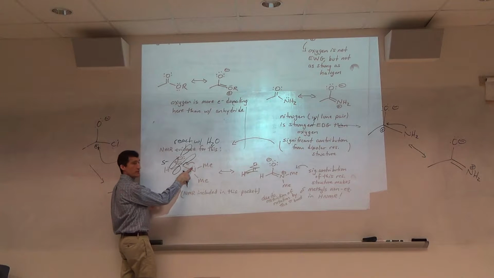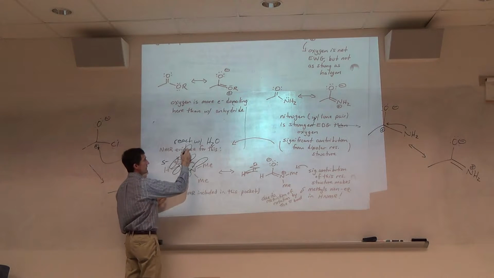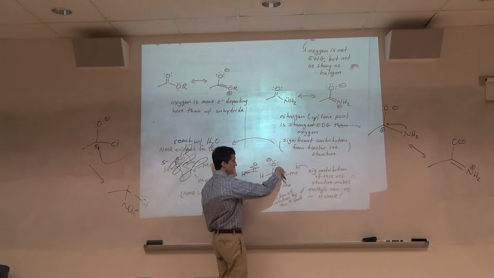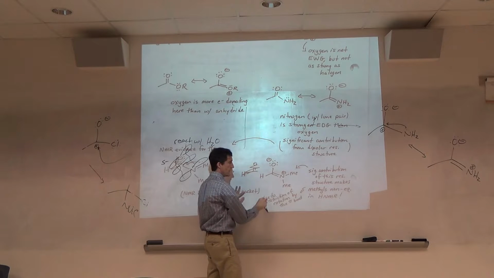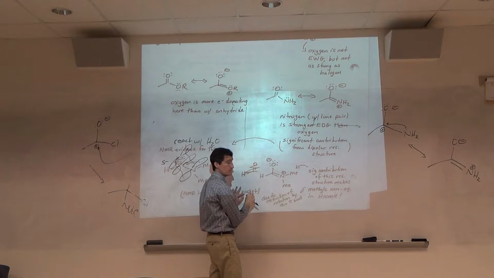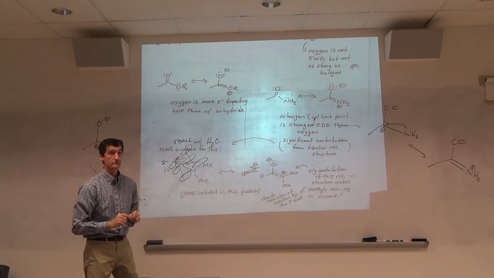And then this lone pair is in what type of orbital? It's in a lone pair. Okay, you have pi overlap all the way through here. Sort of indicated here. See, there's pi overlap here. What does the pi overlap do to the rotation of this carbon-nitrogen bond? It can no longer rotate.